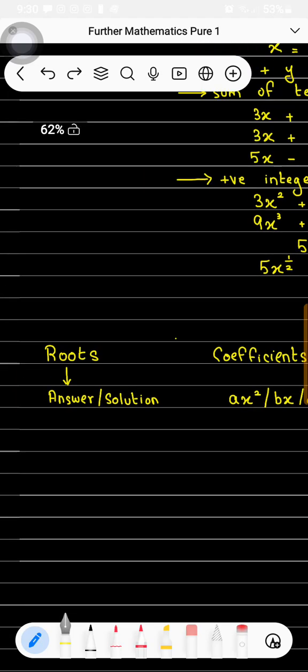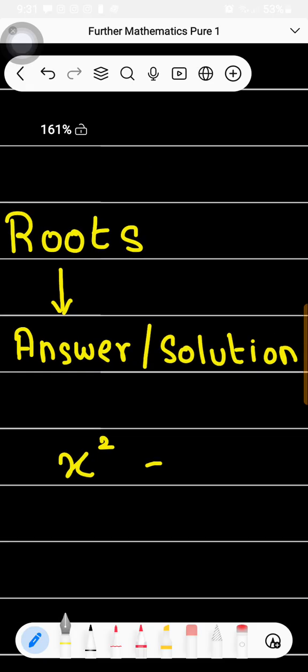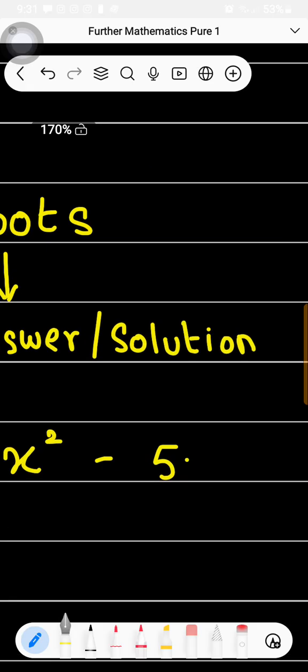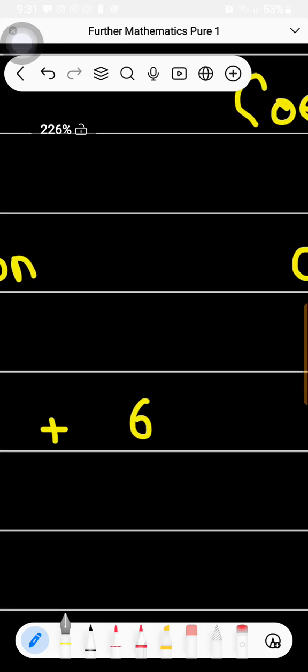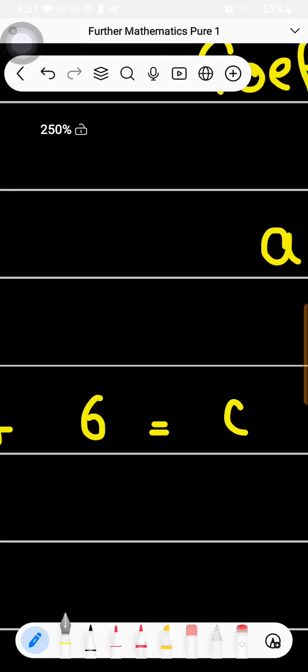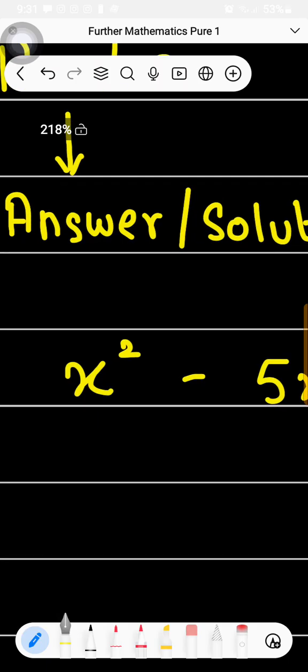Let's have an example. We have an equation x^2 - 5x + 6 = 0. We will solve it. How will we solve it? We can use the quadratic formula, or middle term breaking. We are going to solve it using middle term breaking.